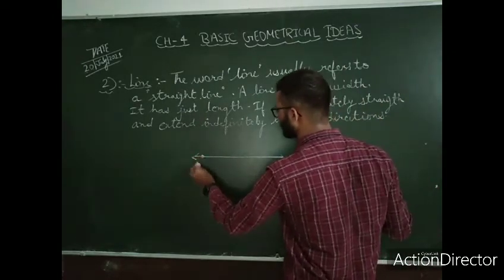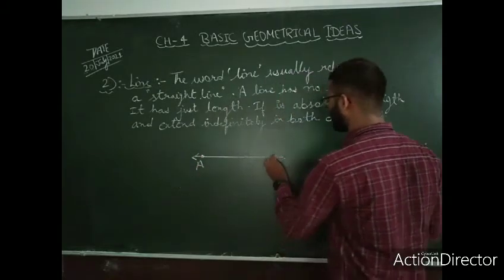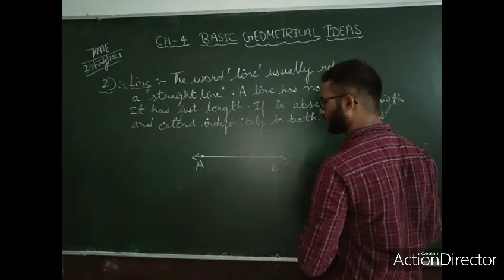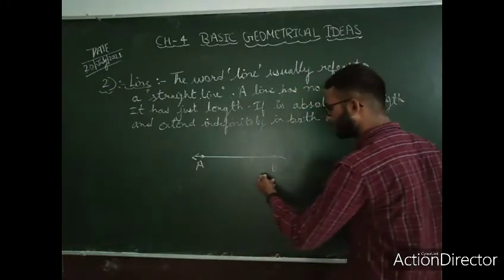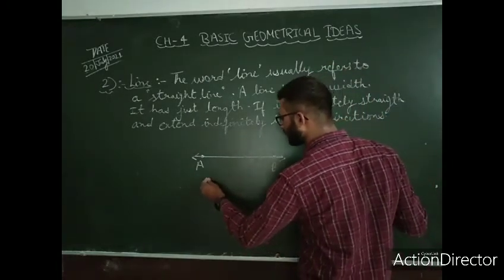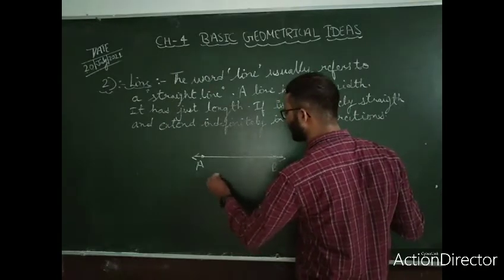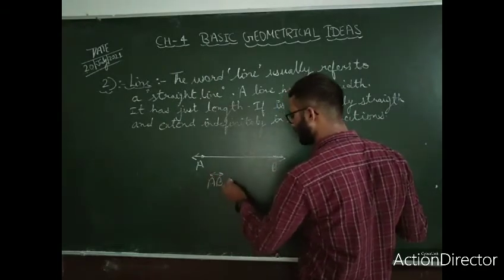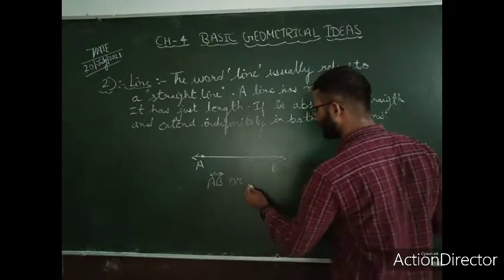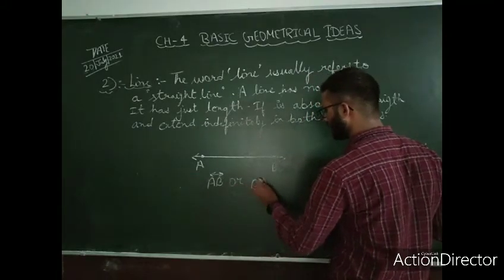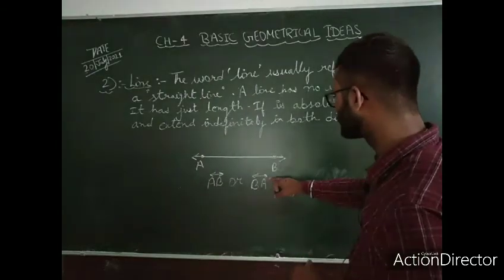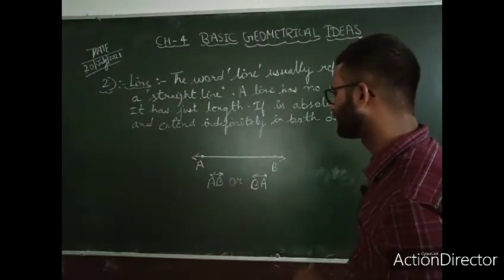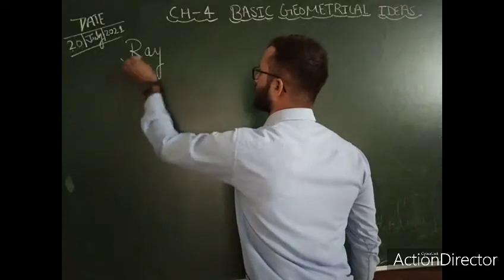We take 2 points here, point A and point B, and name this line as line AB or line BA. This is the symbol which we use to denote a line.